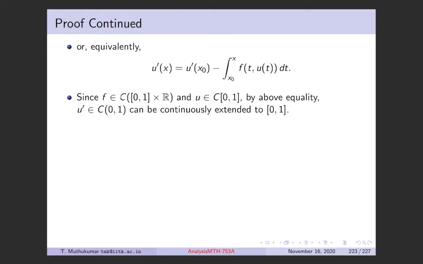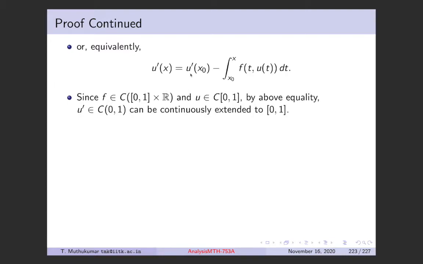Using the fact that f is continuous in this strip and u is continuous in 0, 1, from this equation we can write this u prime of x. You can actually extend the function u prime continuously to 0, 1. Okay, from this nice inequality.